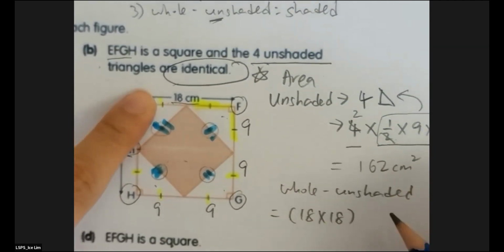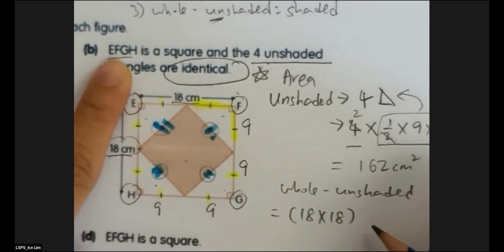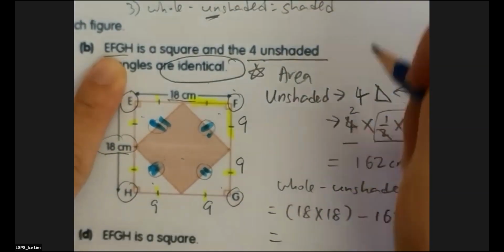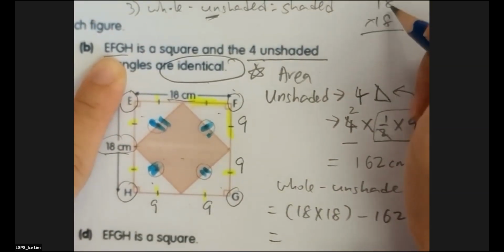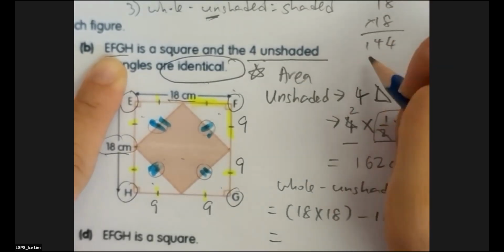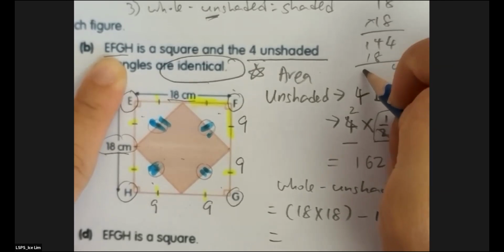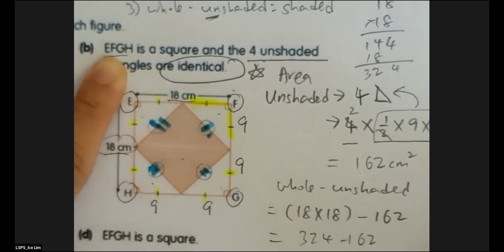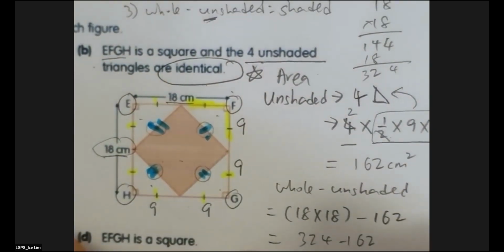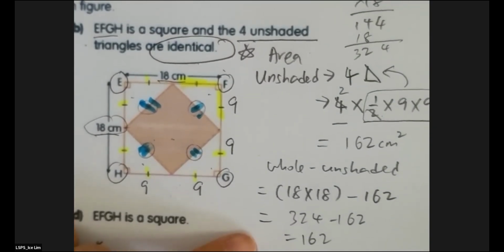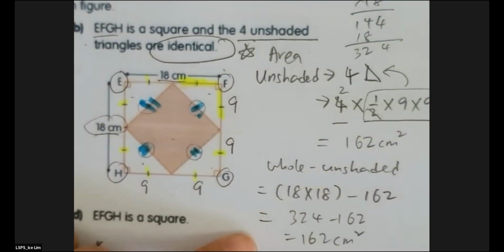That is the area of the big square EFGH, minus 162. 8 times 8 is 64, 144, 18, 4, 324. 324 minus 162 will be 162. Don't forget the square centimeter.